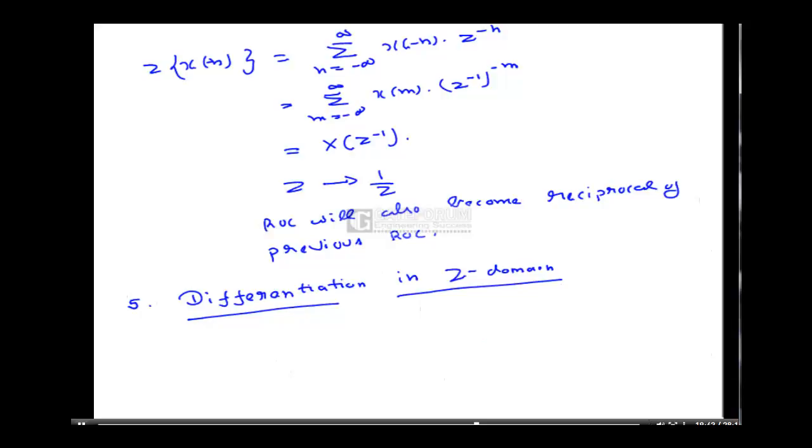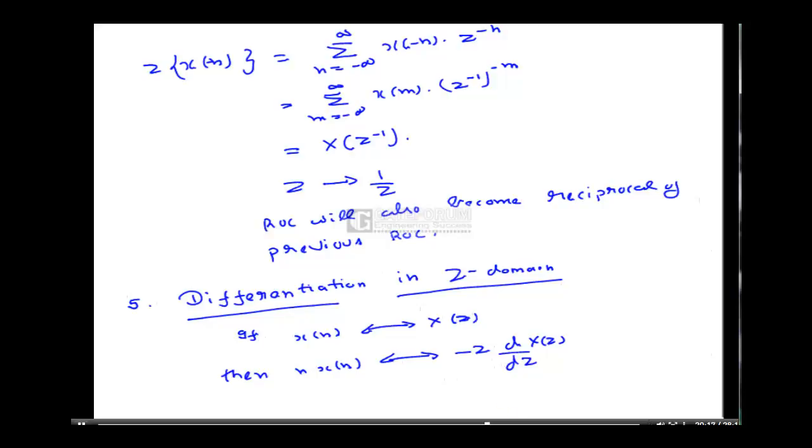We can differentiate but in z domain. If x of n has z transform X of z, then n x of n will have z transform as minus z d by dz X of z. Okay, so this is a relationship which is there between the differentiated Z transform and the time domain signal.